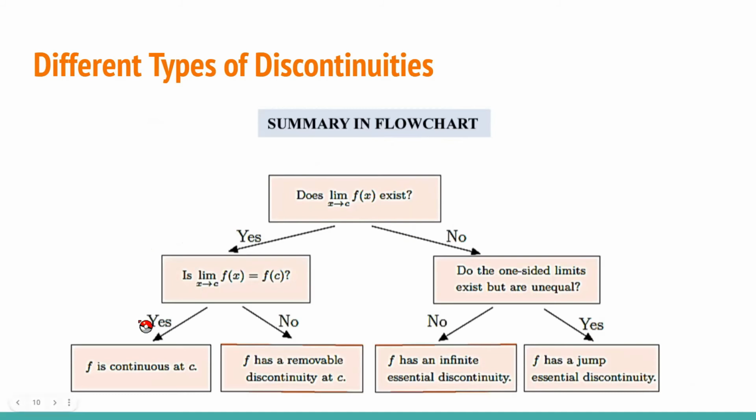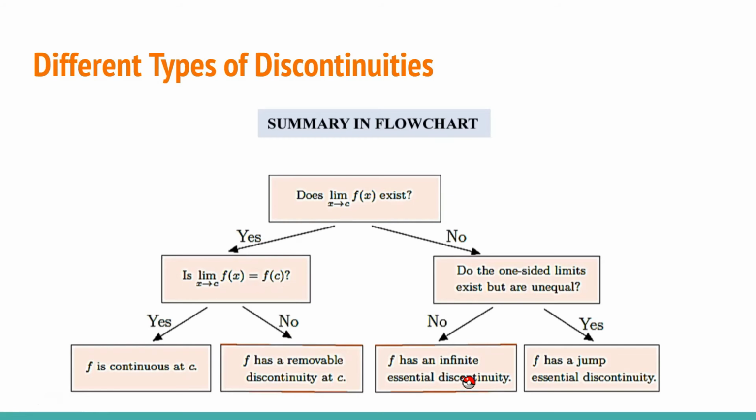If it's a yes, then let's proceed to ask if the limit is equal to the function value at c. If it is equal, then it is continuous. For the removable discontinuity, the limit exists, but it is not equal to the function value.